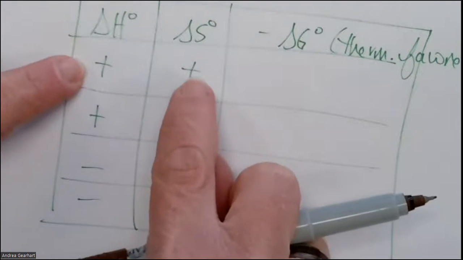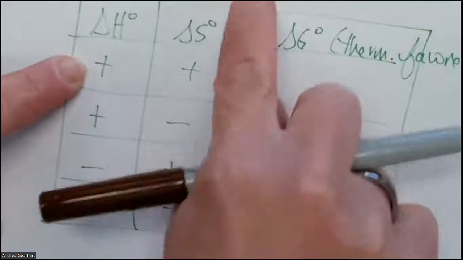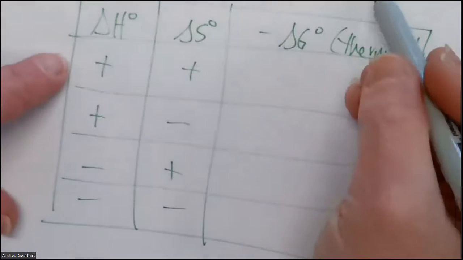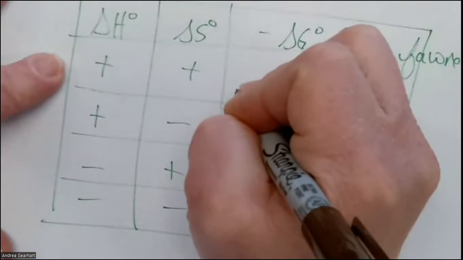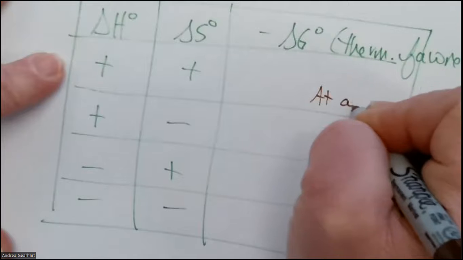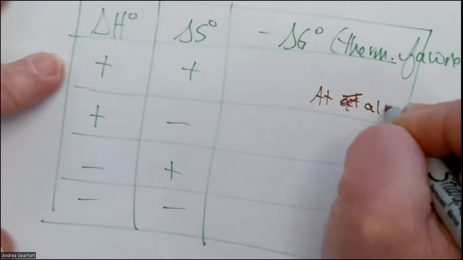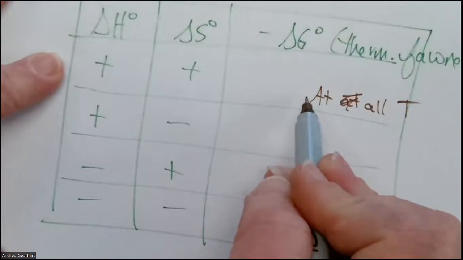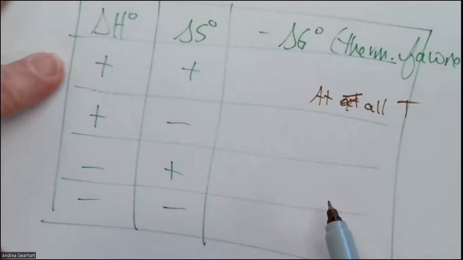If delta H is positive and delta S is positive, T will always be positive. Will that always result in a certain sign on delta G? So it'll always be positive. Will that be thermodynamically favored or not?